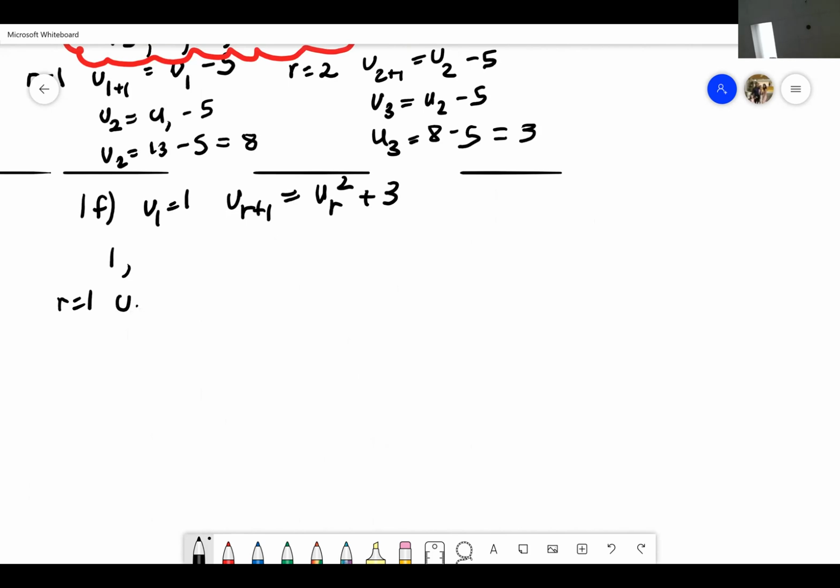That's u of 1 plus 1 equals u of 1 squared plus 3. So u of 2, therefore, is u of 1 squared plus 3, which is 1 squared plus 3, equal to 4. So now we have 4.